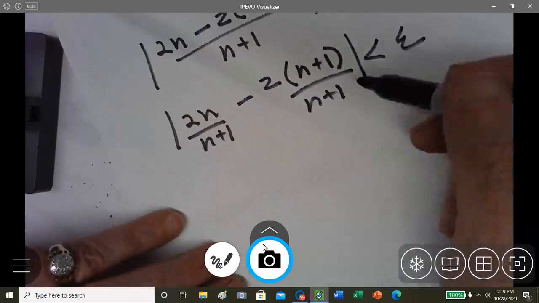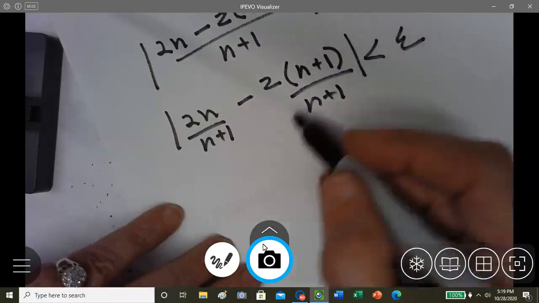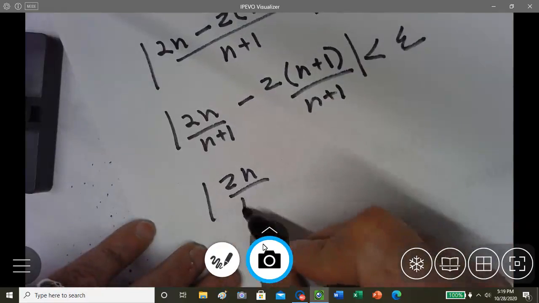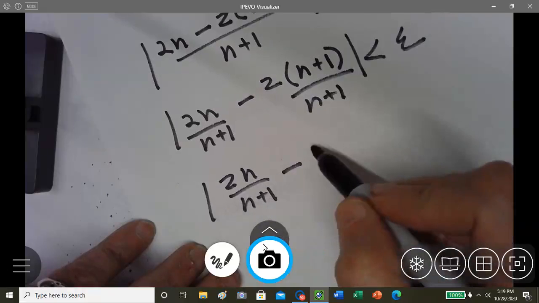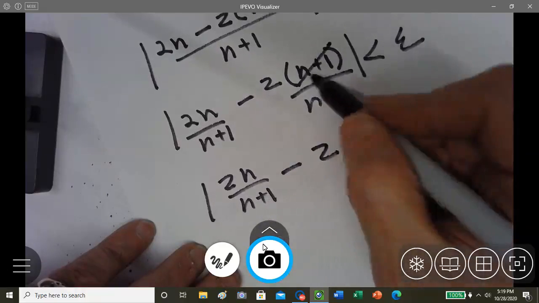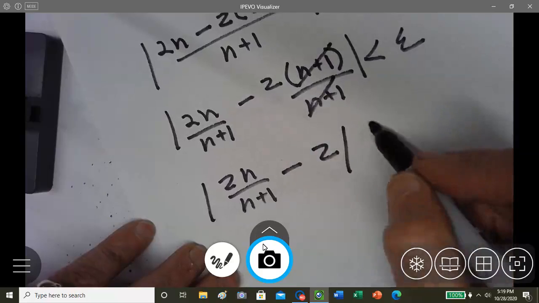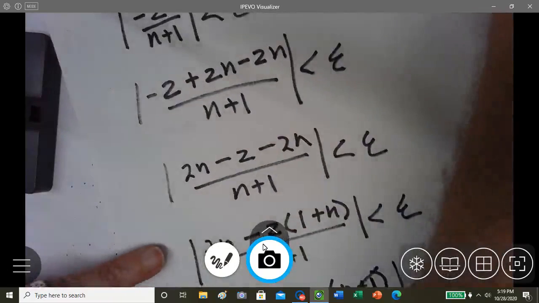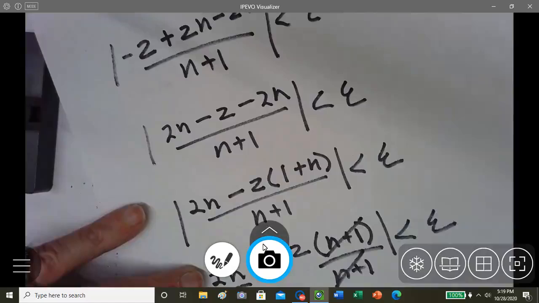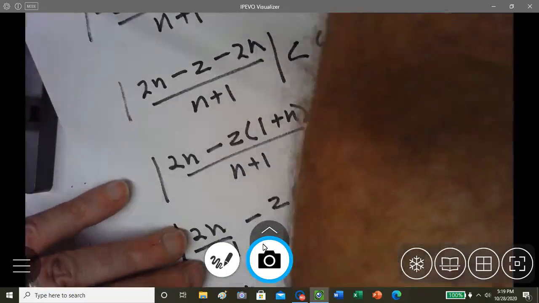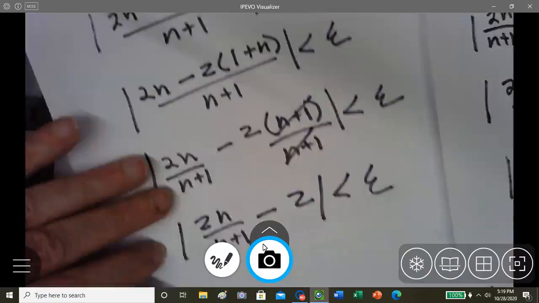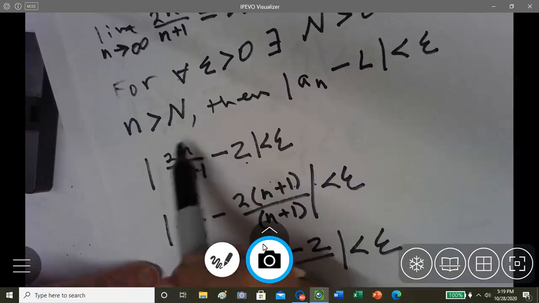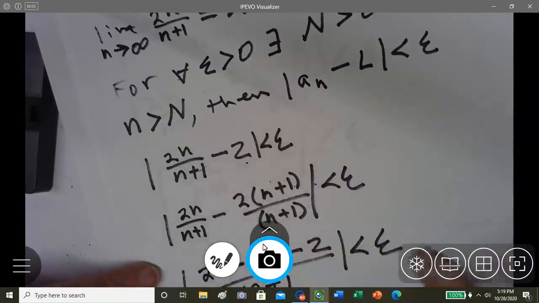And so n plus 1 over n plus 1 is just 1. So this is going to be 2n over n plus 1 minus 2. So we can cancel these two out, and it just leaves us with 2 is less than epsilon. And there we go. We've proven it. We've proven this to be true.